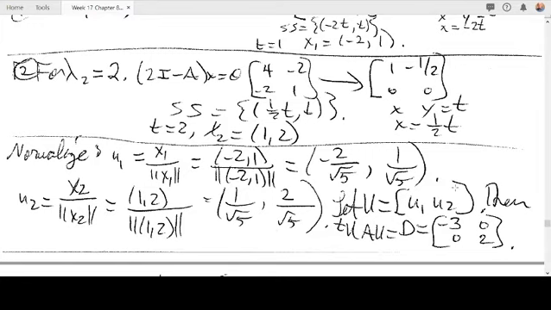Now, let U be the unitary matrix whose columns consist of these two normalized vectors, u1 and u2. Then we find that U transpose A U equals the diagonal matrix D, whose main diagonal entries are the eigenvalues negative 3 and 2.